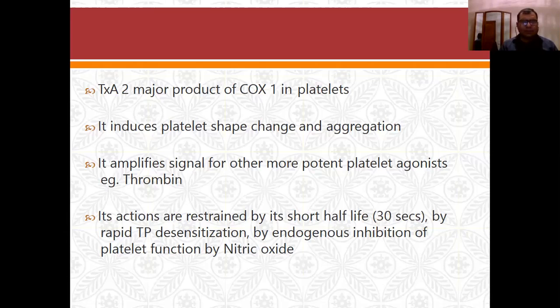It amplifies signals for other more potent platelet agonists, e.g. thrombin. Its action is restrained by its short half-life, 30 seconds, by rapid TP desensitization, and by endogenous inhibition of platelet function by nitric oxide.